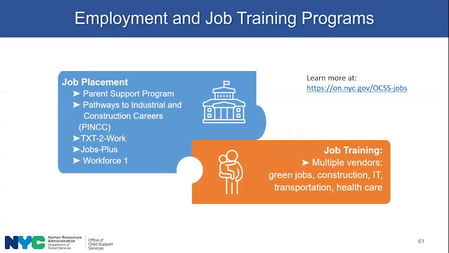We have job training with multiple vendors in green jobs, construction, IT, transportation, and healthcare. You can learn more by clicking at the link in the upper right, on.nyc.gov/OCSS-jobs. And again, you'll be able to do that off of the deck when we send it to you. Next slide.